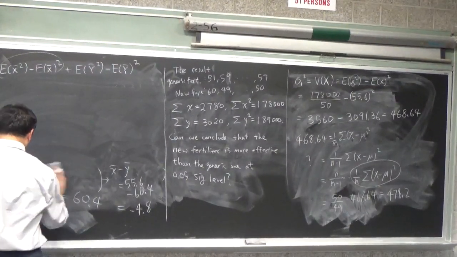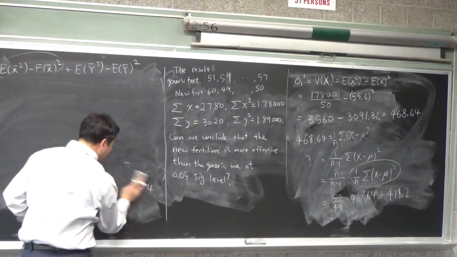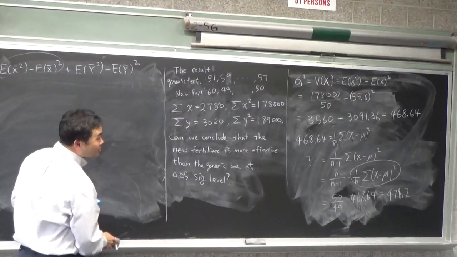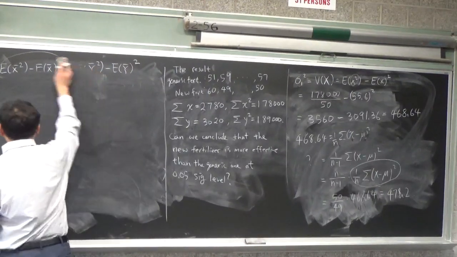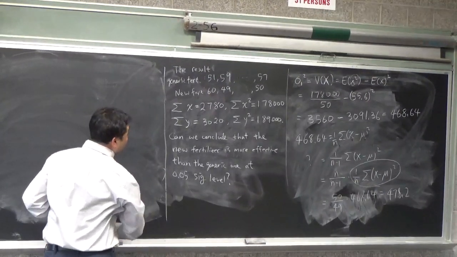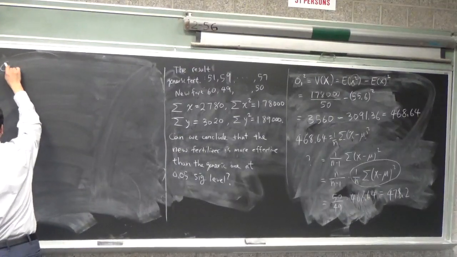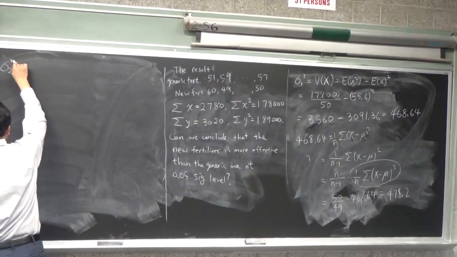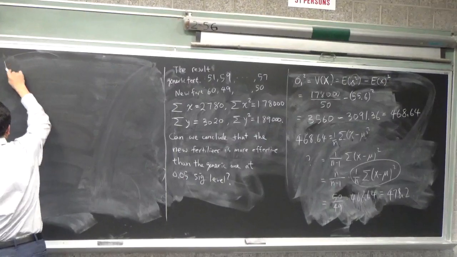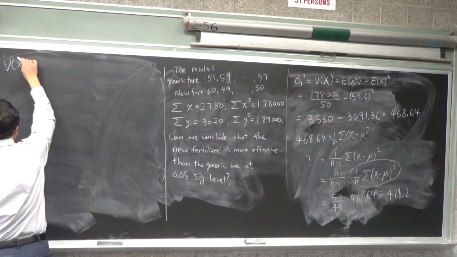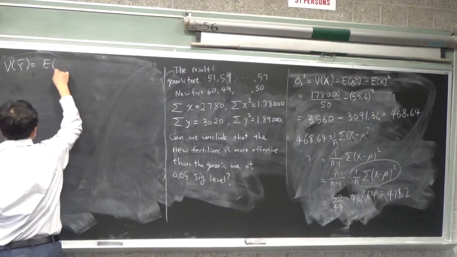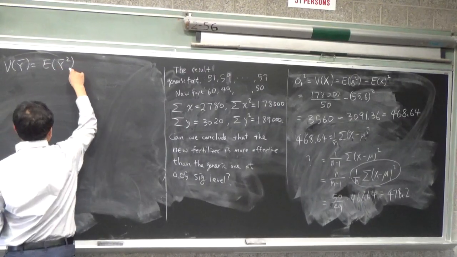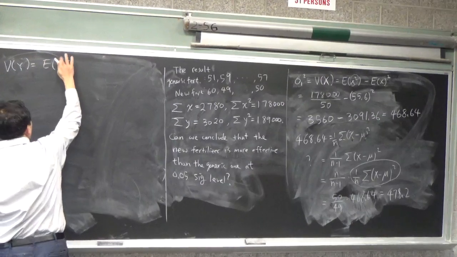Now let's go for the second one. Same procedure. What was the average of the second one? 60.4. Okay, so we have to get an estimate of sigma 2 squared, or let me write down V of y. I shouldn't put the bar here, sorry.